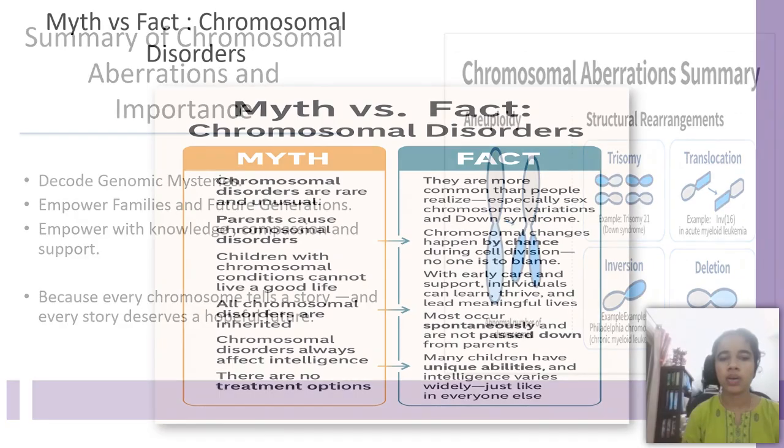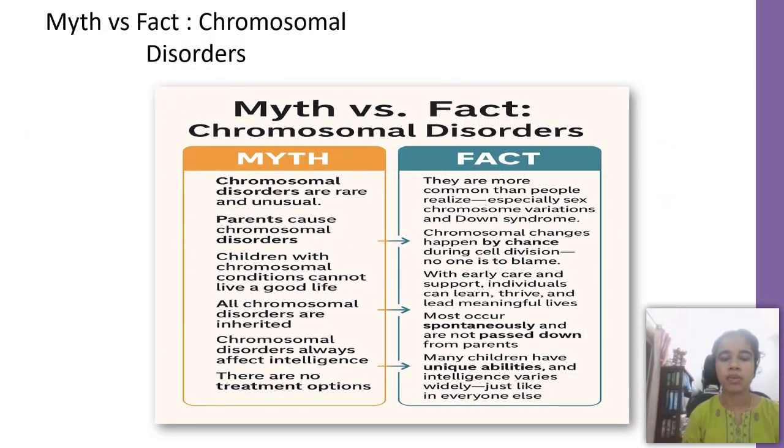So now let's move on to some of the myths. Let's hear some of the common myths about chromosomal disorders. First myth: chromosomal disorders are rare. It's not true. The fact is that they are more common than you think, especially sex chromosome variations and Down syndrome.